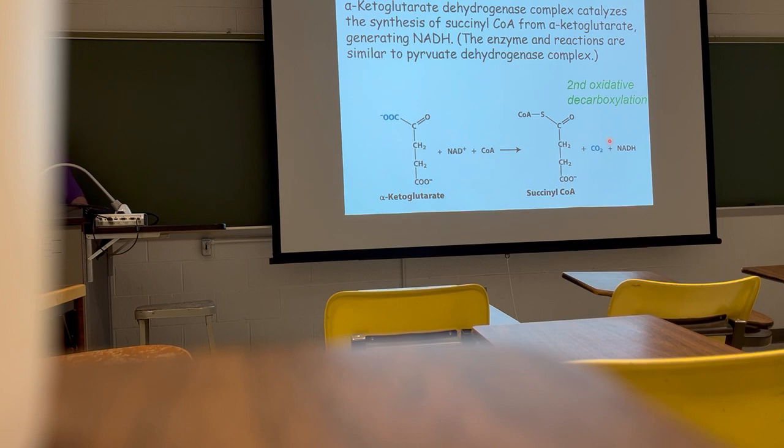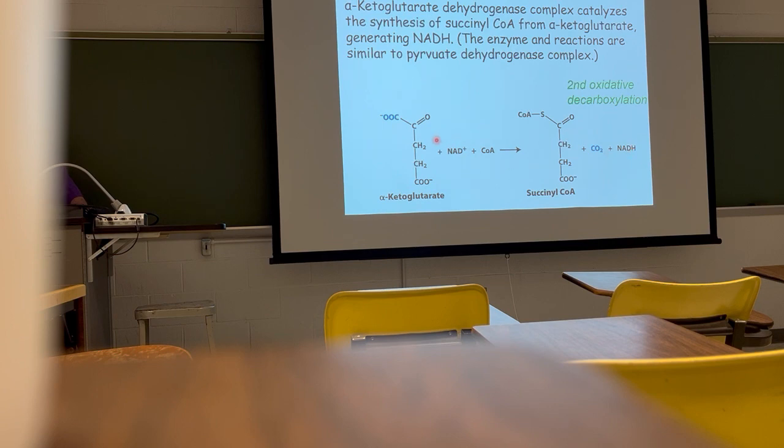The next step starts with alpha-ketoglutarate and is another oxidative decarboxylation. So the CO2 from this carboxyl group of alpha-ketoglutarate is removed as CO2, and we have another reduction of NAD to NADH.